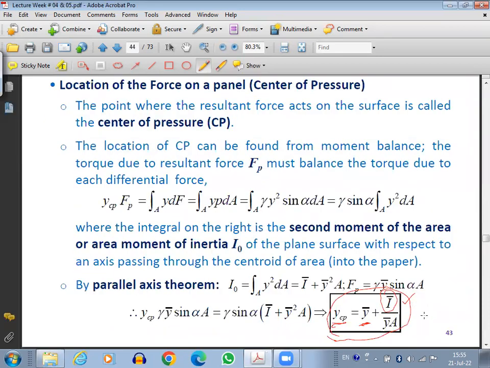This formula, YCP equals Y bar plus I bar divided by Y bar A, will be provided in the exam if needed in the numerical. The formula to find the second moment of area, I bar, will also be provided if needed for calculation.